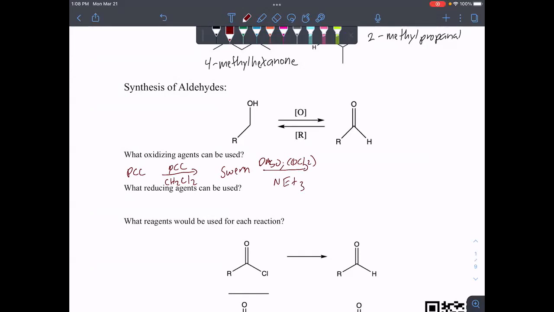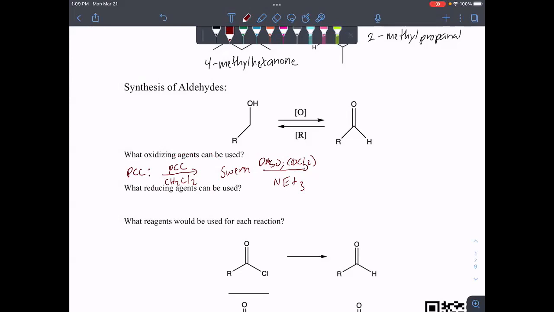Four agents, one of them, yeah, all of them can take an alcohol to an aldehyde. Well, same thing for ketone too. The difference is just the name of the oxidation. So like PCC oxidation uses these reagents.